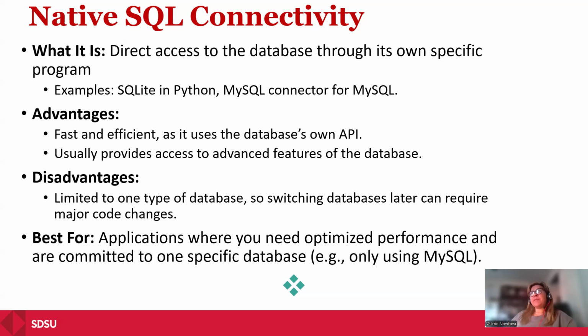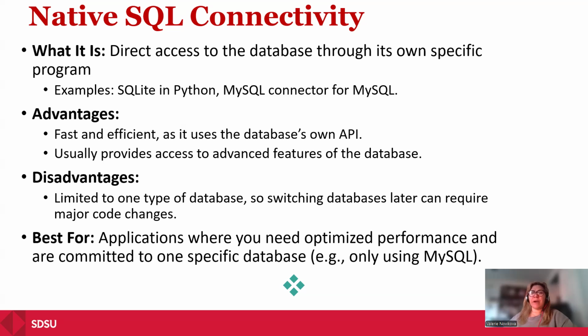So when it comes to native connectivity, or native code to connect to the database, the advantages are it's fast, convenient, and efficient. It provides quick access to the database and quick data retrieval, and it has its own source code or application programming interface called an API to connect to the database.